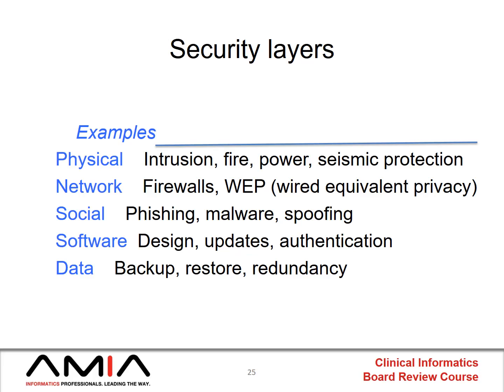We've talked about network, wired equivalents, privacy, firewalls. Phishing, malware, and spoofing we'll go through in more detail. We talked about the importance of software design, updates, and authentication, and we talked about the importance both of backup and the ability to restore and having redundancy to key sources of information.